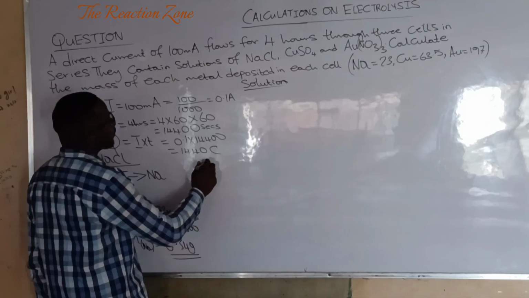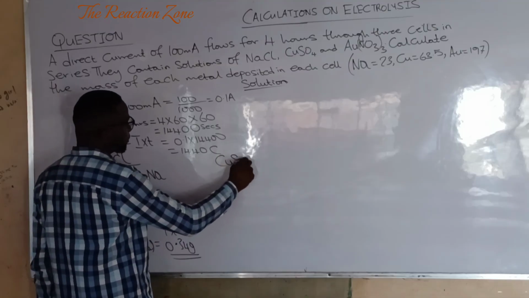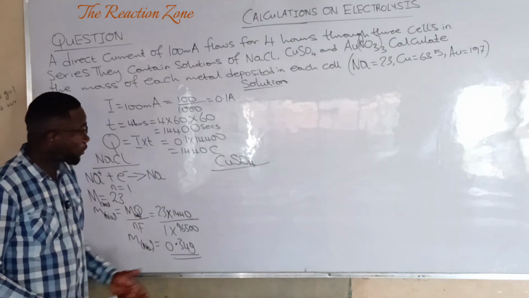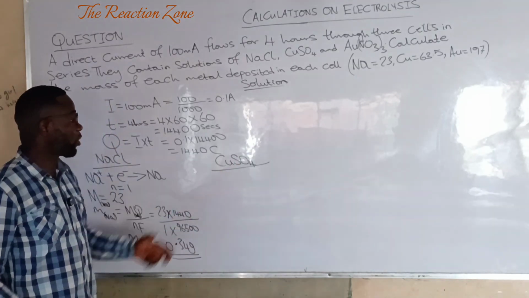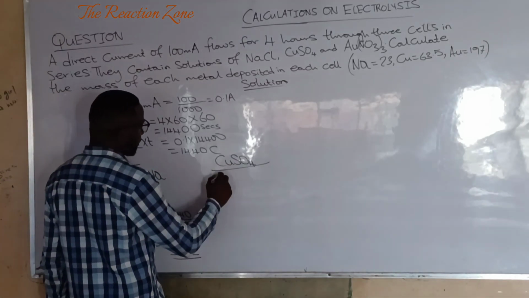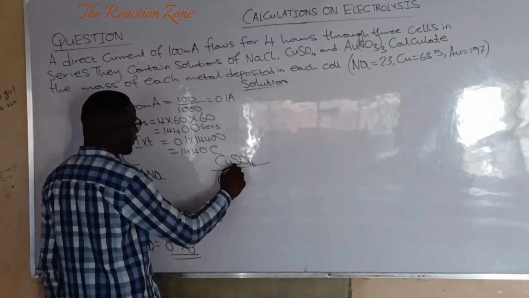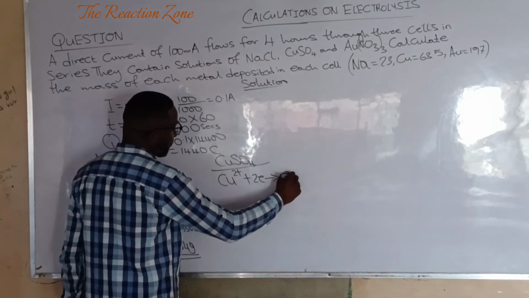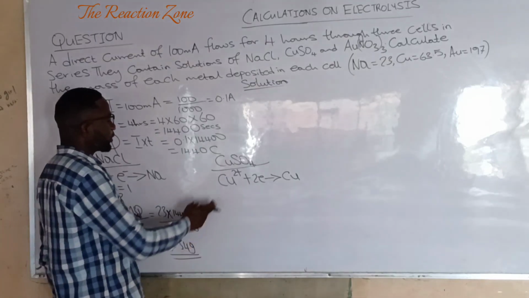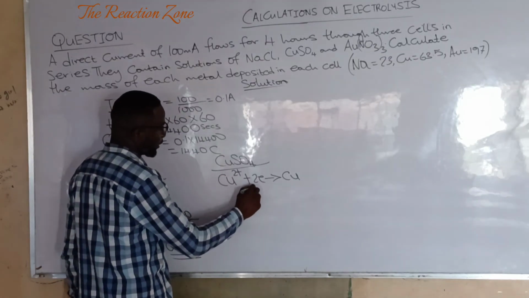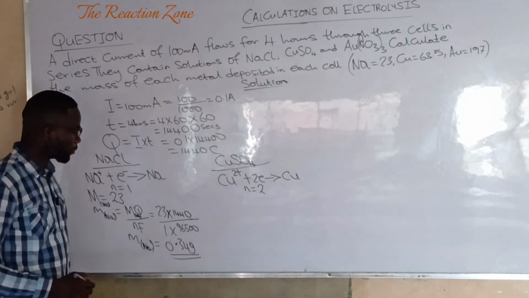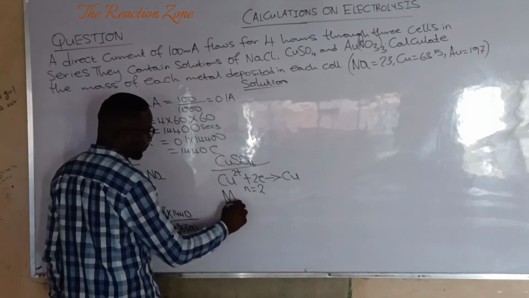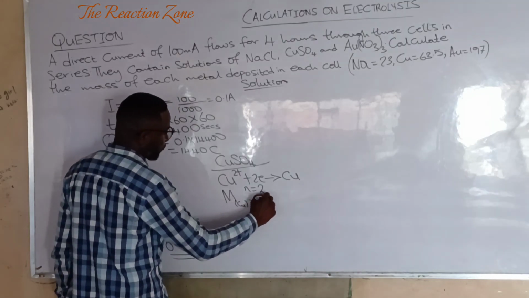Now, for the second electrolyte, it is copper sulfate, CuSO4. In copper sulfate, the metal that is present is copper. So at the cathode here, the equation is going to be that copper 2 ions will undergo reduction to give copper. Since the charge on the metal ion is +2, it means that n is going to be equal to 2. And the atomic mass of copper, according to the question, is 63.5.